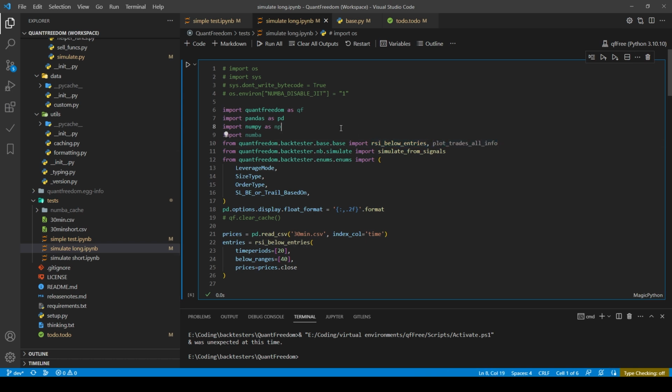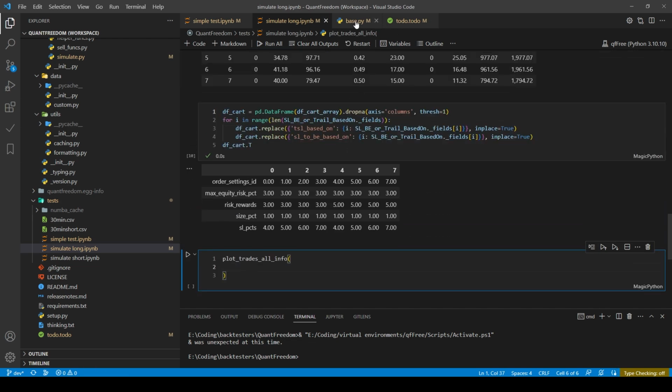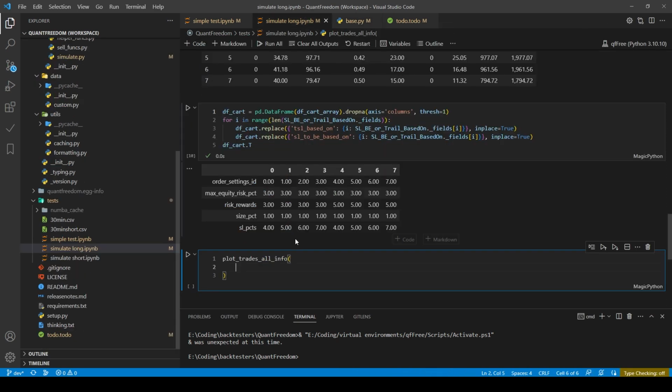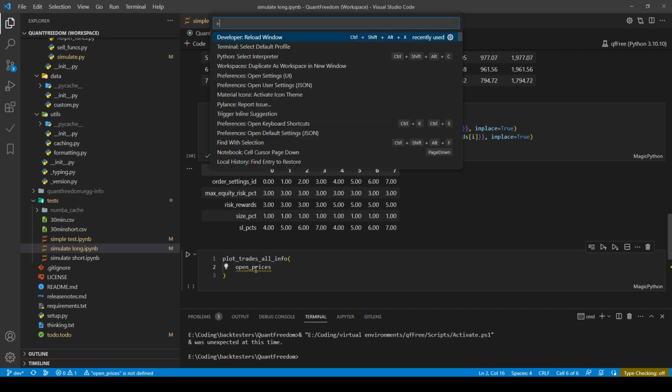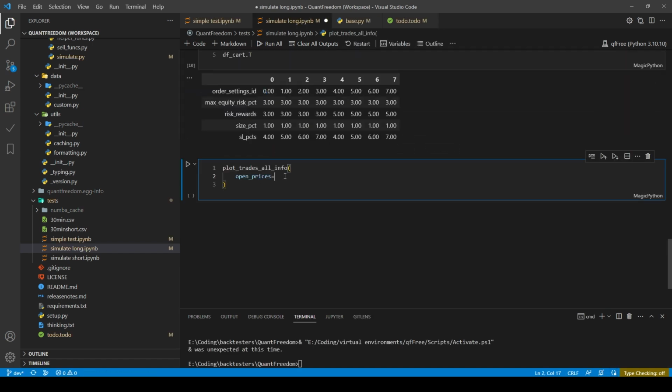And we will copy this down here. I don't know the information that I need. Open, high, low, close. Open. Let's go ahead and reload the thing, man. High prices. Prices.